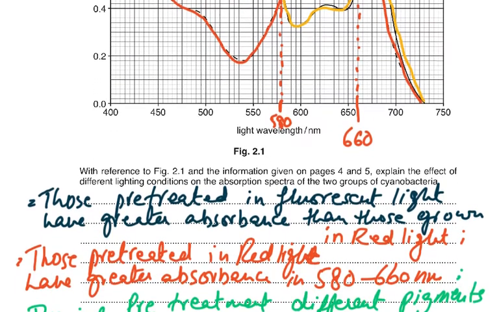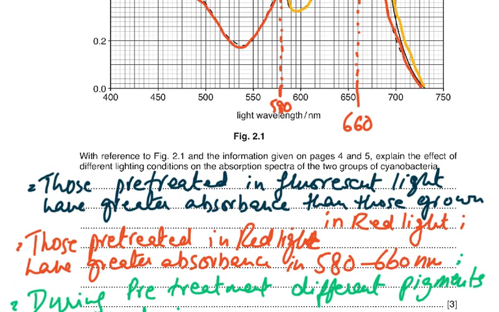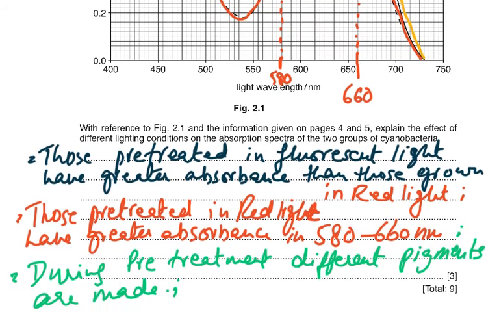The third mark scheme point was that during pre-treatment, different pigments are made, and that is why we get these different absorbances. They had told you in the beginning of the question that when exposed to certain conditions, they change. So you have to get things out of the question. Reading the question in paper 4 is a very important skill which you all must develop.